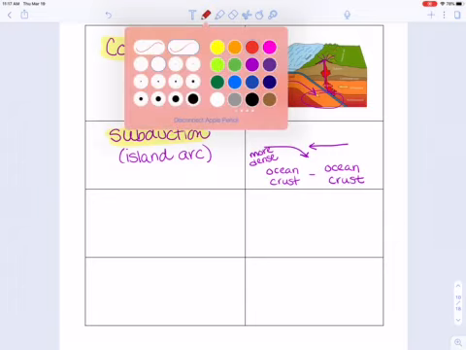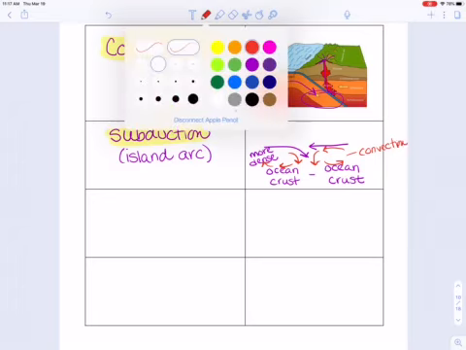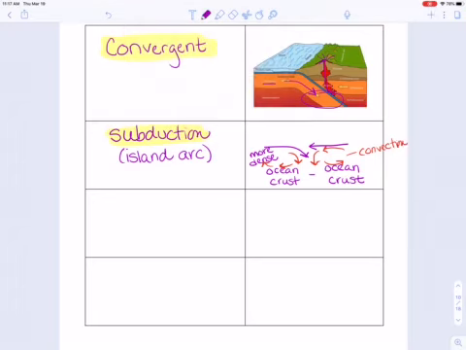So what is driving this process? Well, same as before with divergent, we are getting our convection. Looking at that diagram above, that plate can sink down, remelt in the asthenosphere, and we can get volcanoes.